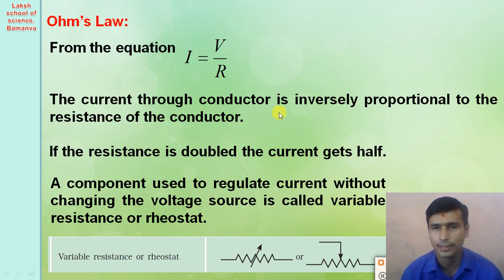If we double the resistance of the conductor, the electric current passing through the conductor is halved. So when we increase the resistance of the conductor, the electric current decreases. That is called inversely proportional.